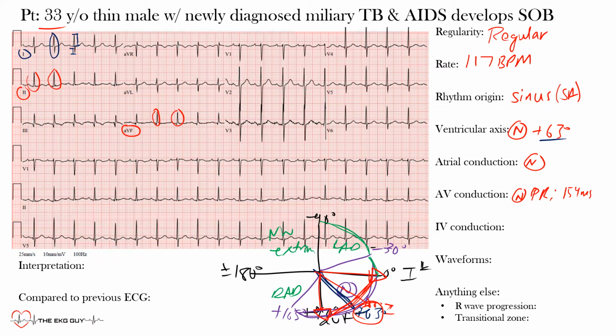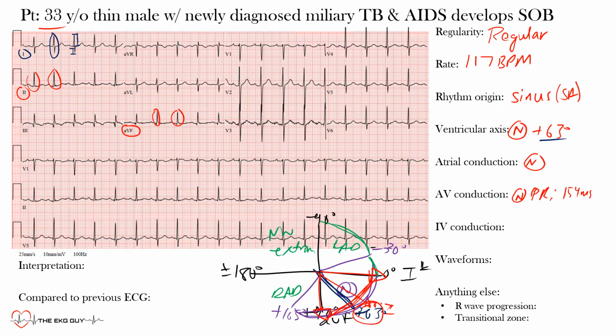Next, let's look at intraventricular conduction or IV conduction, and here we look at the duration of the QRS complexes, okay. The normal QRS duration is often between 70 and 110 milliseconds, or about 2 to 3 small boxes. Some may consider the upper limit to be 120 milliseconds, but again, anything beyond that 110 milliseconds is generally abnormal.